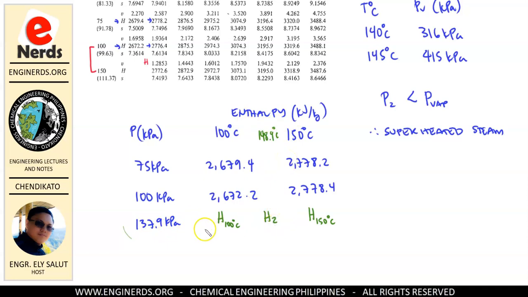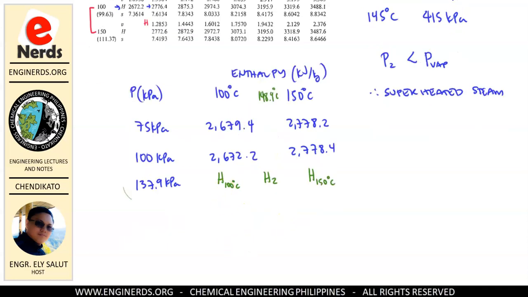So first, extrapolate natin ito para makuha natin itong ating enthalpy in 100 degrees Celsius. So how are we going to do that, no?